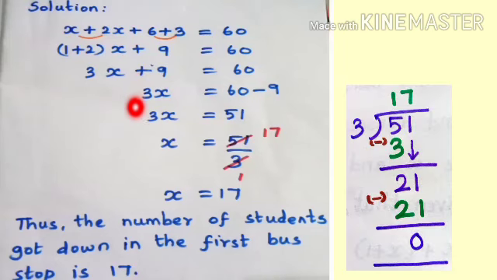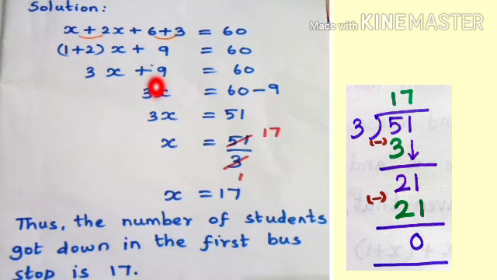Now by using the transposition method, what is the transposition method? Isolating the variable by reversing the mathematical operation as the number is transferred to the other side of the equal to sign.